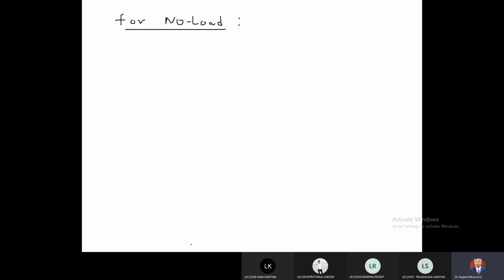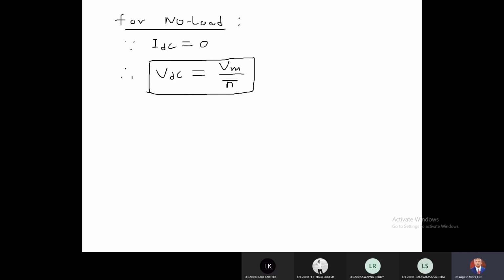What voltage will you get for no load? Since IDC is 0, therefore VDC is equal to Vm by pi, right? So this is the voltage at no load.